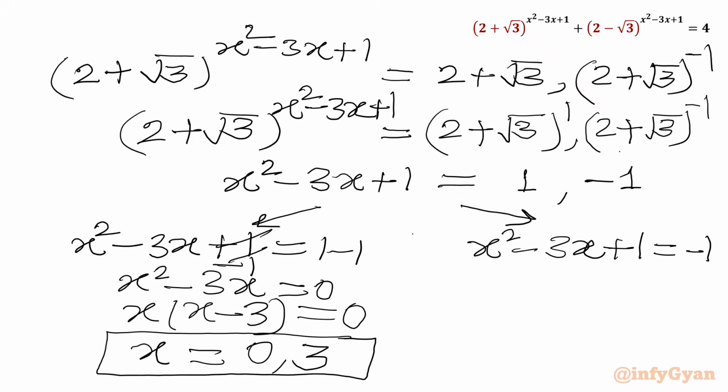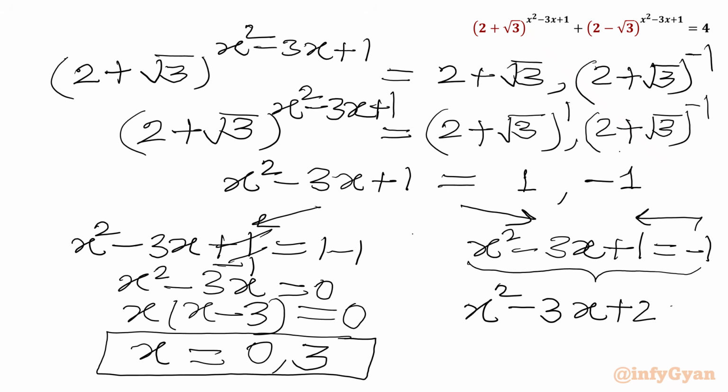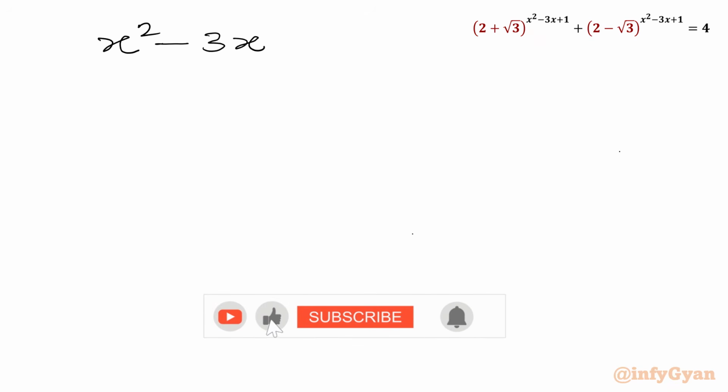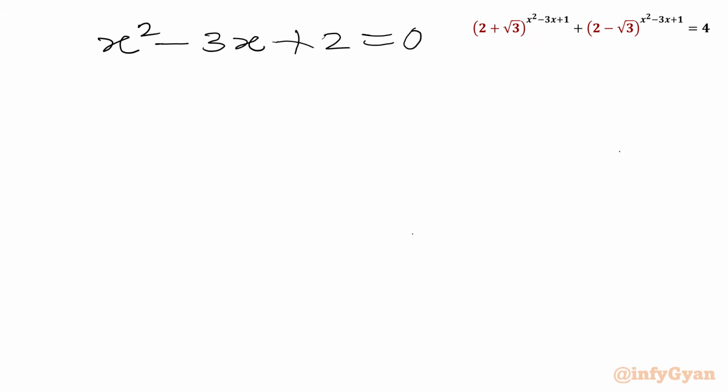Now we have x square minus 3x plus 1 equal to minus 1. We will take minus 1 to the LHS and get x square minus 3x plus 2 equal to 0. We'll use method of factorization.